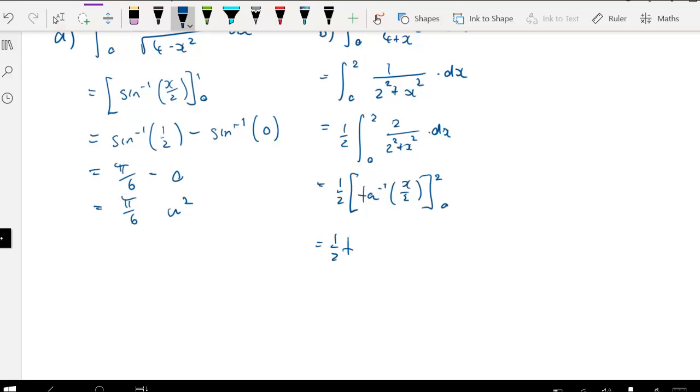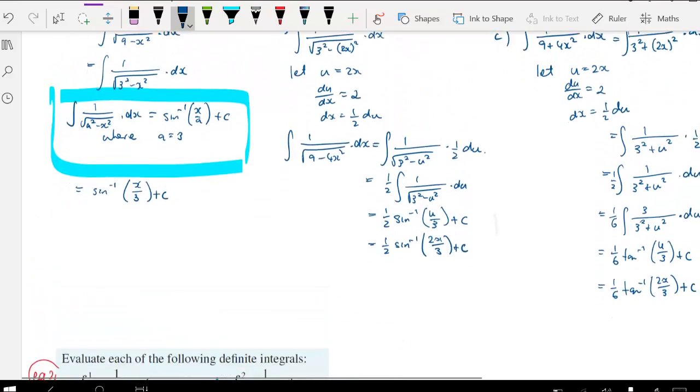So we have 1/2 arctan of 2 on 2 subtract 1/2 arctan of 0. So 1/2 arctan of 1 is pi on 4, and 1/2 arctan of 0 will be 0. So we end up with pi on 8 units squared as a solution.